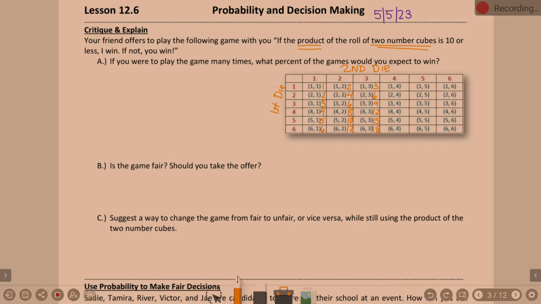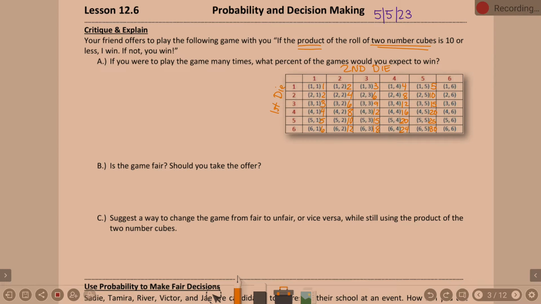Next column is going to be your multiples of 4 if you haven't figured out this pattern here. 4, 8, 12, 16, 20, and 24. Multiples of 5, 5, 10, 15, 20, 25, and 30.